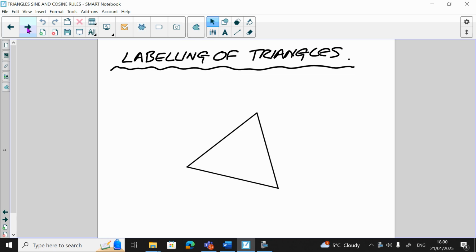Just as a little reminder, when you were dealing with triangles in the past, you dealt with something called Pythagoras' theorem and sine, cos, and tan, or SOHCAHTOA, maybe.